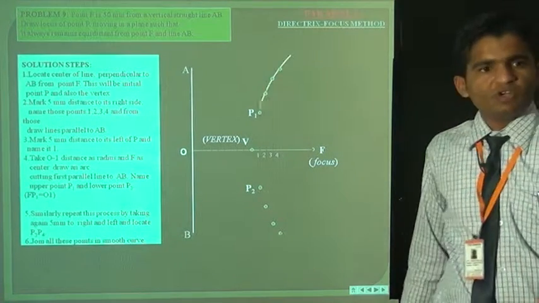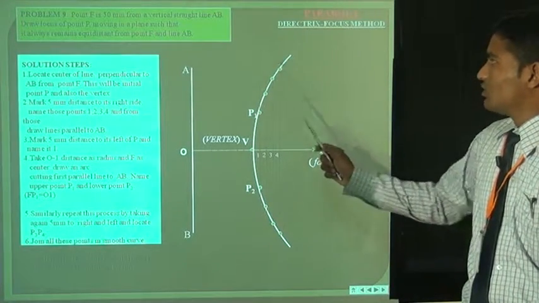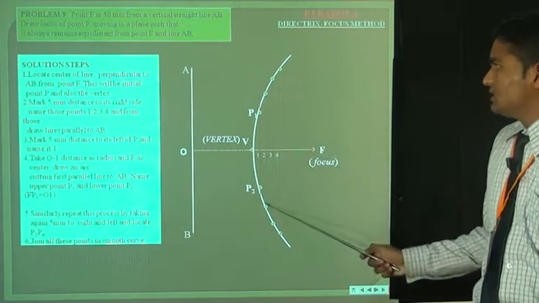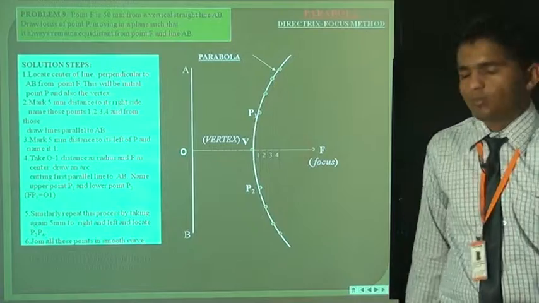Now join these points by a smooth curve. It is the required solution of this problem, and this is called the parabola of this particular problem.